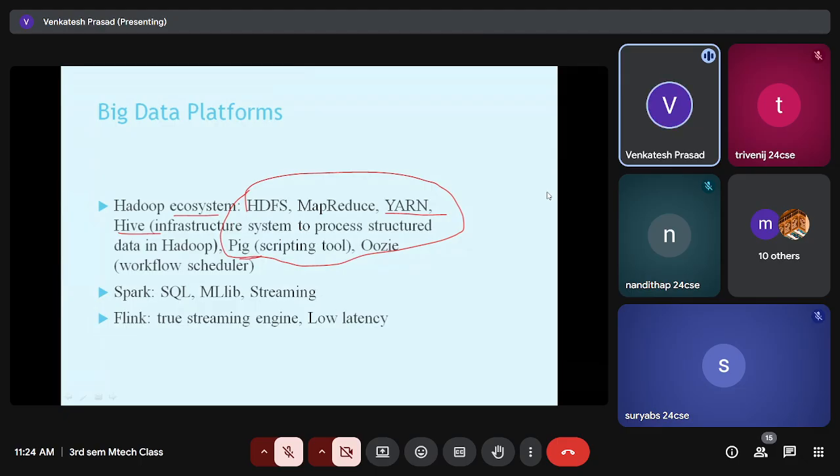Then there is Oozie, which is a workflow scheduler. It will schedule a lot of tasks and create a workflow, just like you have seen workflows in other applications and other subjects. Tasks can be run as a workflow, one after the other.